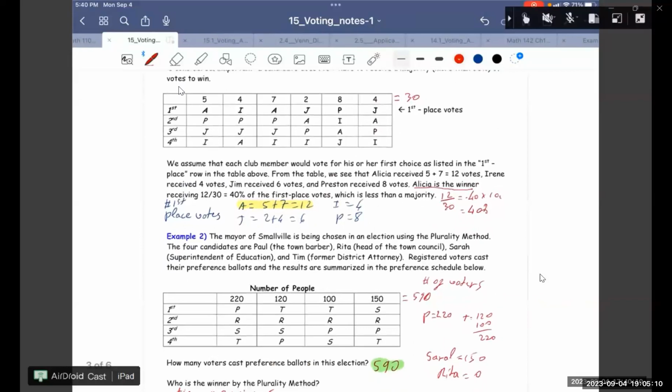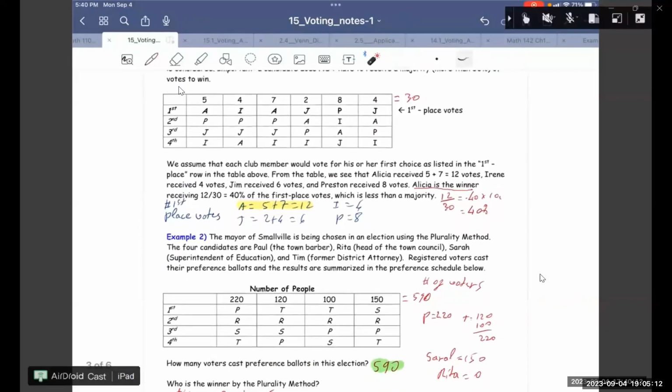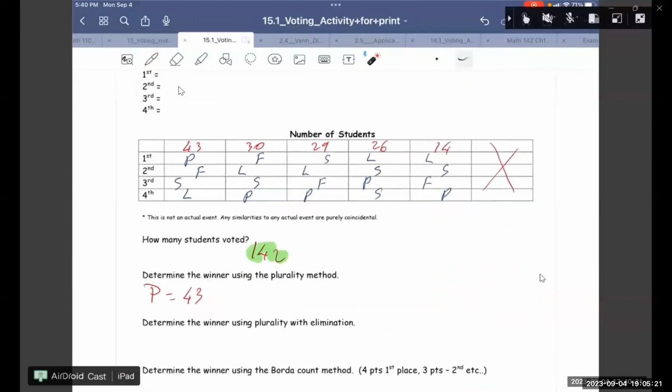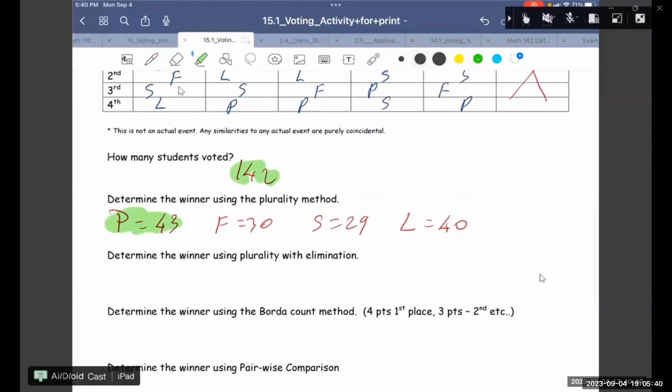You see this activity, that's how we did right here already. So P F we got 30 and S we have 29 and L we have 40. So which one is the higher one? For our P, right? So P is the winner.